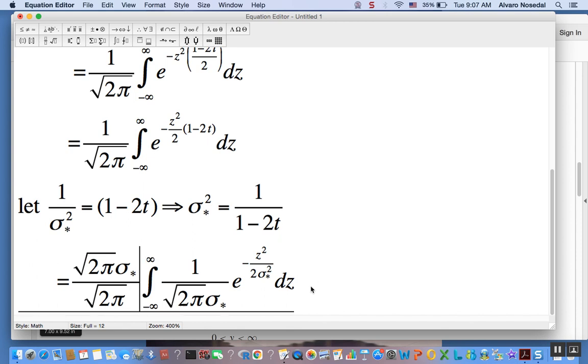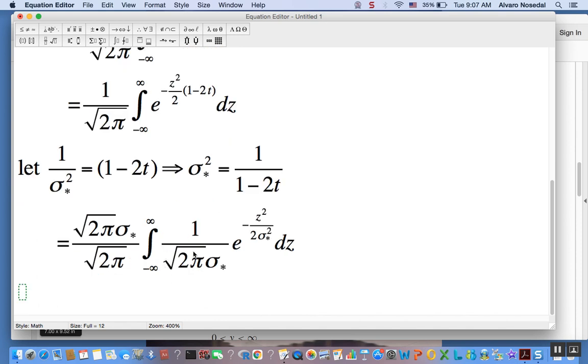Okay, but now the thing is, what you have inside that integral is the PDF of a normal, right, with mean 0 and variance sigma star squared, and you're integrating from negative infinity to infinity. Since a normal is a legit random variable, the integral of its PDF from negative infinity to infinity is just 1.